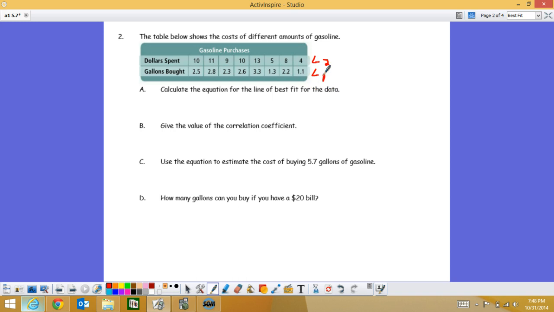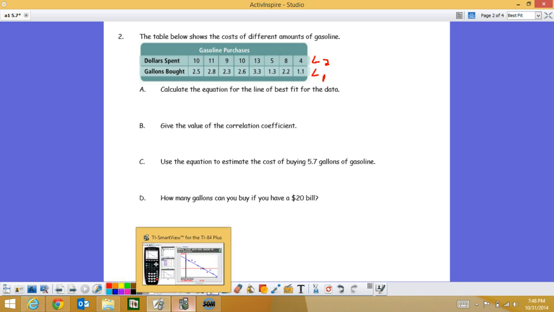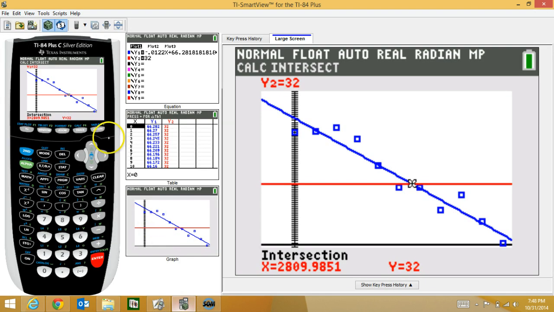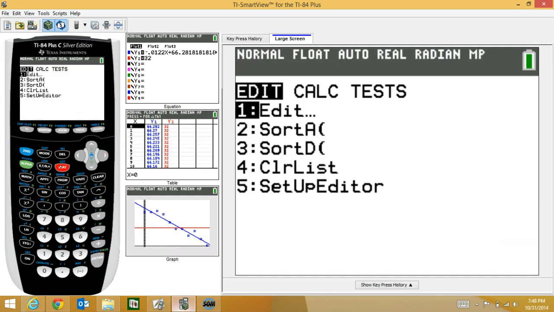Okay, so what we are going to do then is go to our lists on our calculator.